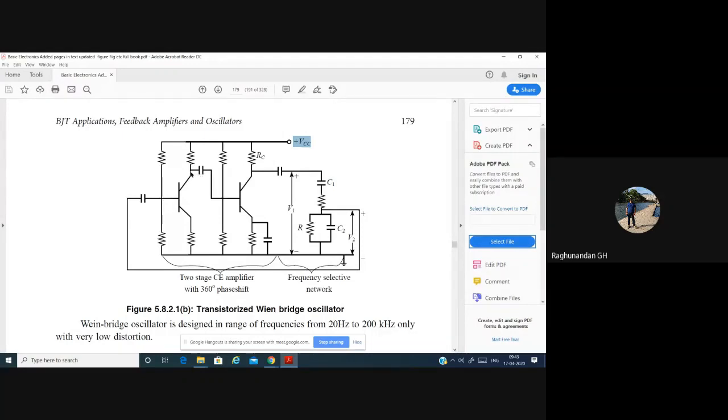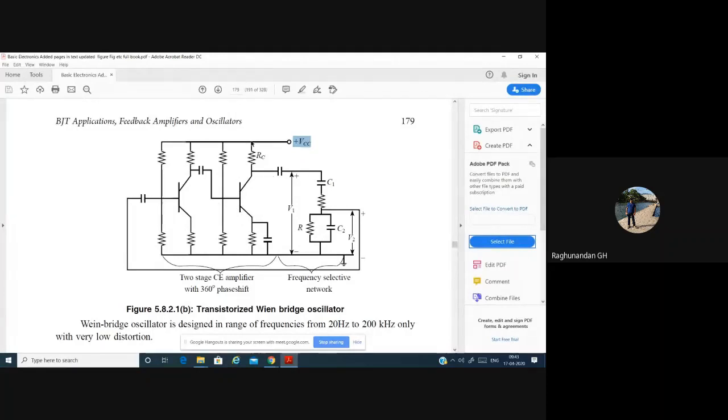So the output of this one, which is fed as input to the next amplifier, will be pure AC, and this amplifier is going to amplify that pure AC signal and give it out.